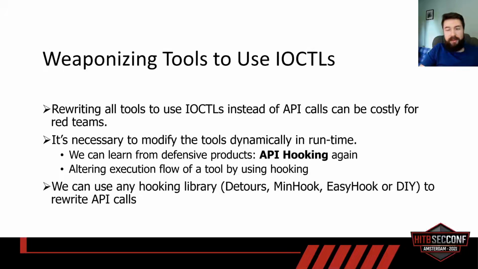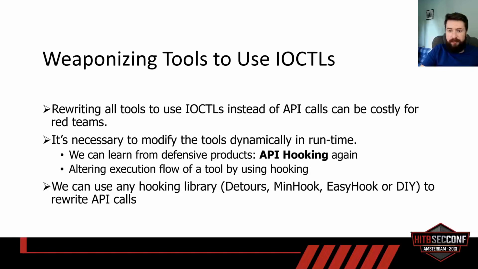Although changing standard API calls to IOCTLs seems easy to implement for simple usages, rewriting offensive tools which have various capabilities could be problematic for a red teamer. Also, you won't have access to the source code of every offensive tool. It's necessary to modify the tools to use IOCTLs.